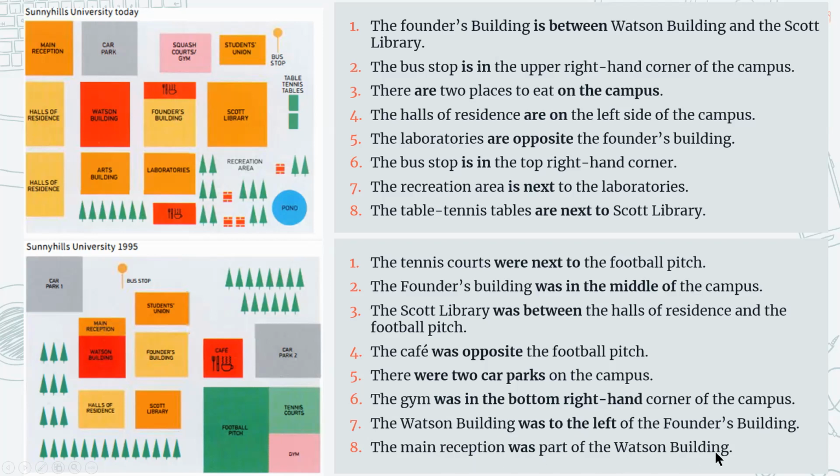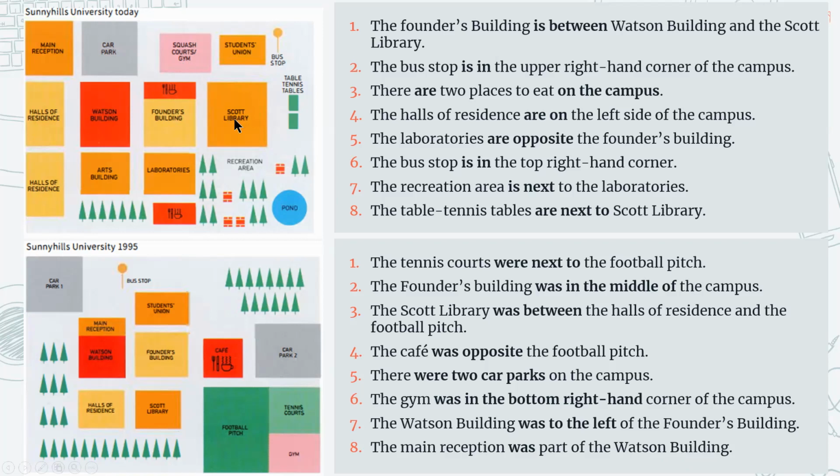Okay, good. As you can see, studying the map will make things much easier for you to write the report. Okay. Now we know what happened. Also, you can write many other sentences. As you can see, there were some trees in this area. Now it was replaced with the bus stop, the students' union, and squash courts and the gym.